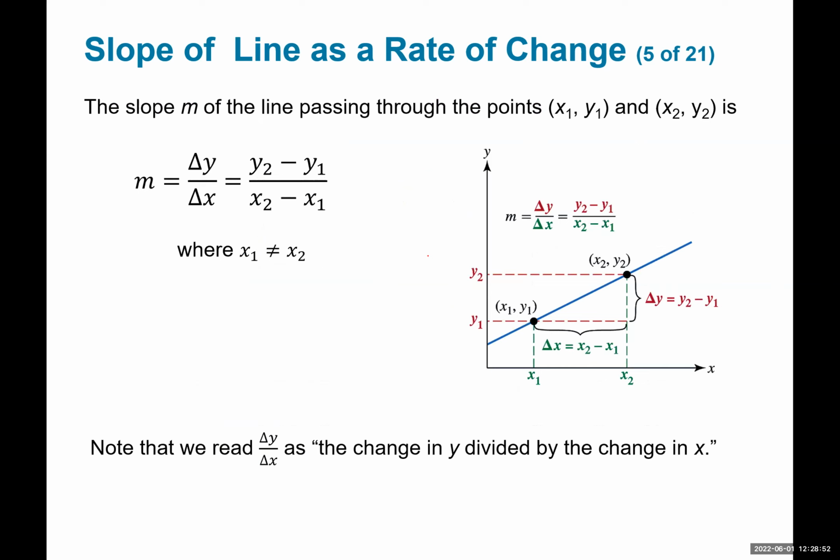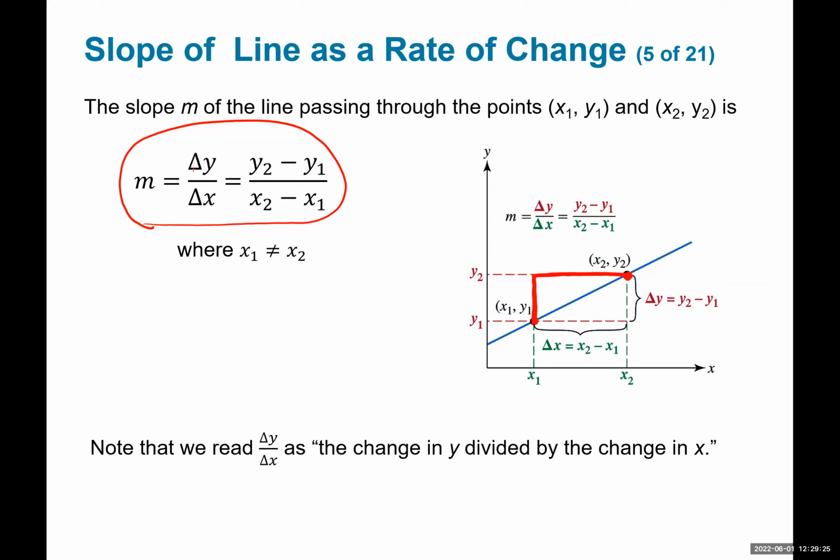The slope M of a line passes through the points x1, y1, and x2, y2. So this one, I know you probably saw this in high school. How do you find the slope? There's actually a slope formula, and it is here. Okay. So you have 2 points, and you say, hey, how do I get from one to the other? You check your rise, so the difference in y over your run, the difference in x.